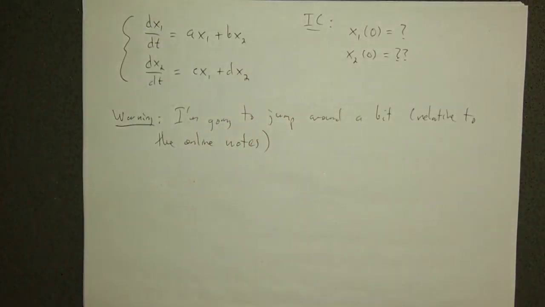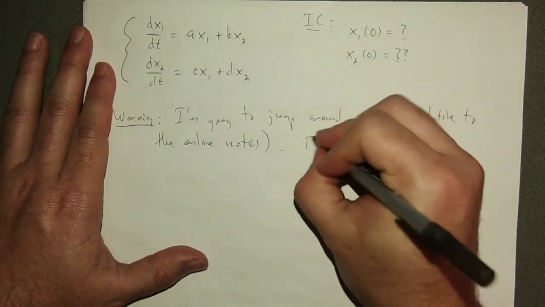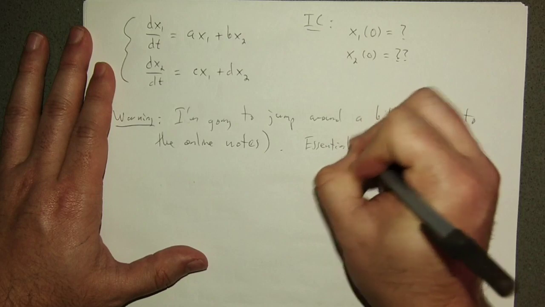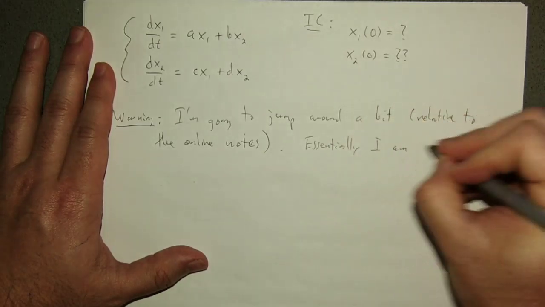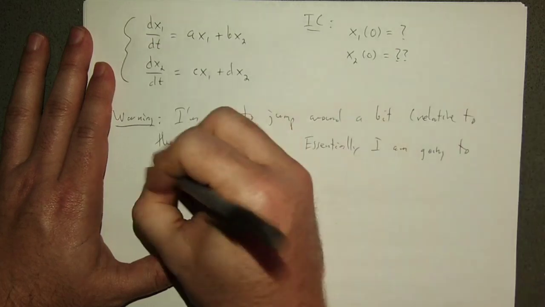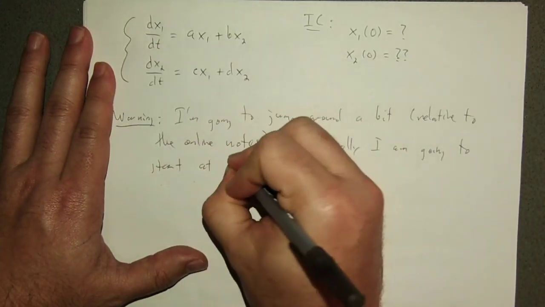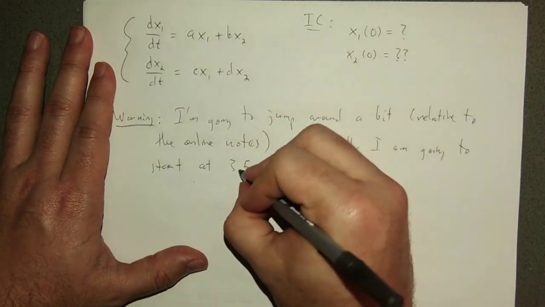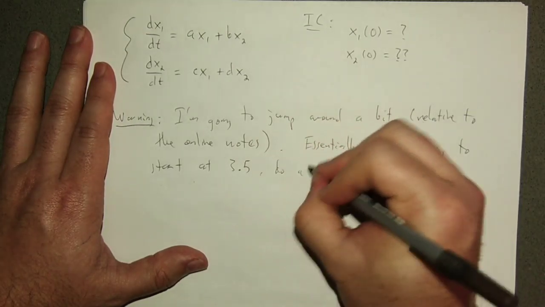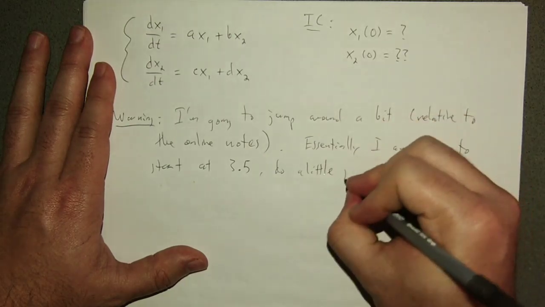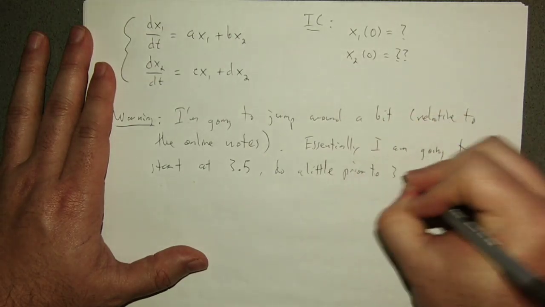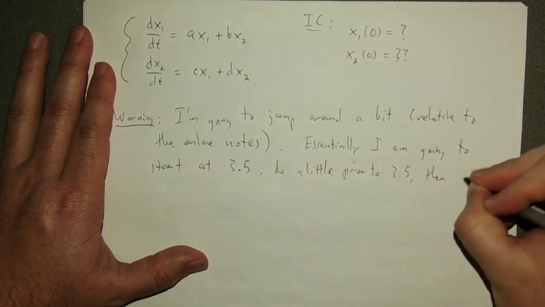The bit that I do first is actually part 5. Essentially I am going to start at 3.5, do a little prior to 3.5, and then move on.